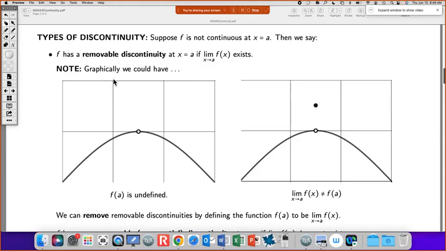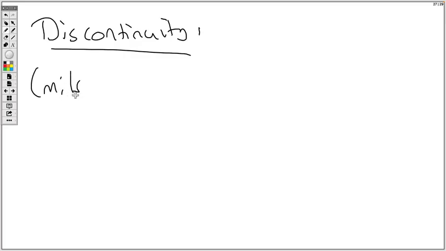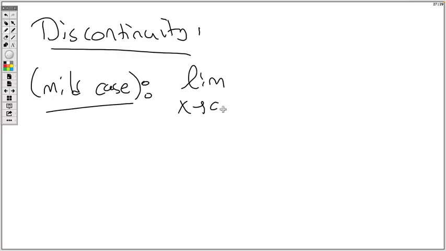So let's talk about types of discontinuity. There are two basic types of discontinuity. There's sort of the mild case. The mild case is the limit itself exists.